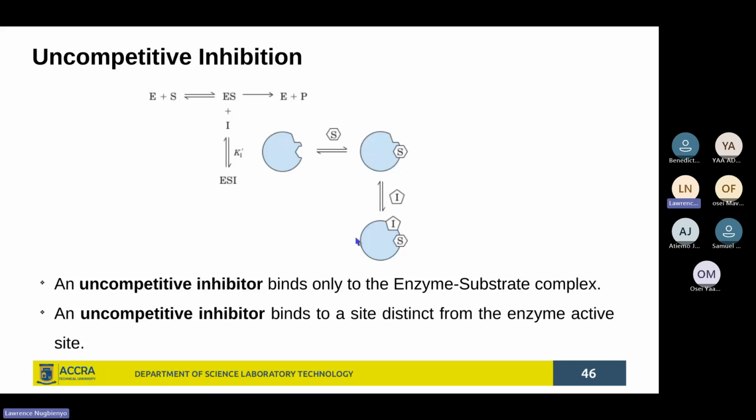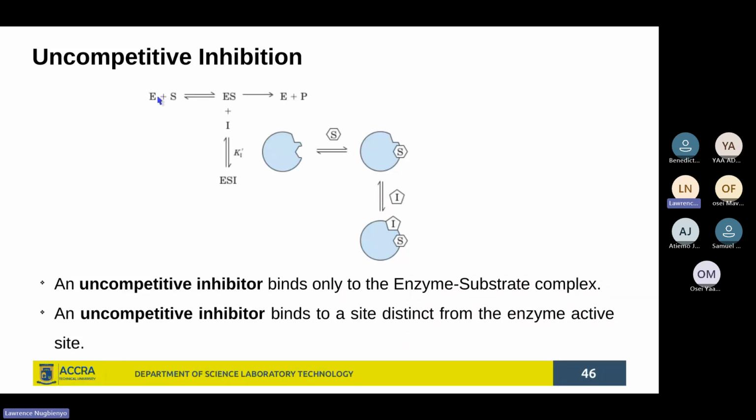So whether you have substrate binding to the enzyme or not, really, the inhibitor still has a specific site that it can also bind to. No competition. That's why it's being referred to as uncompetitive inhibition.